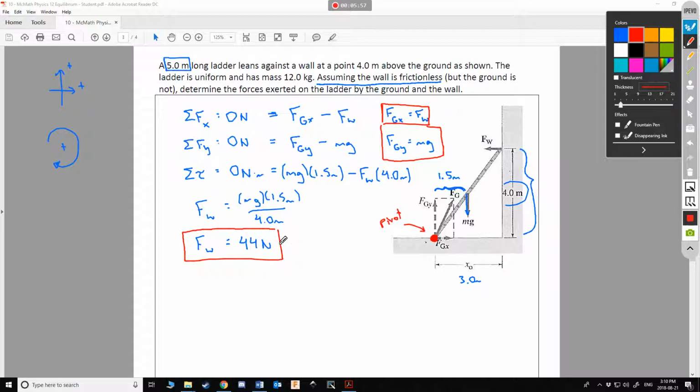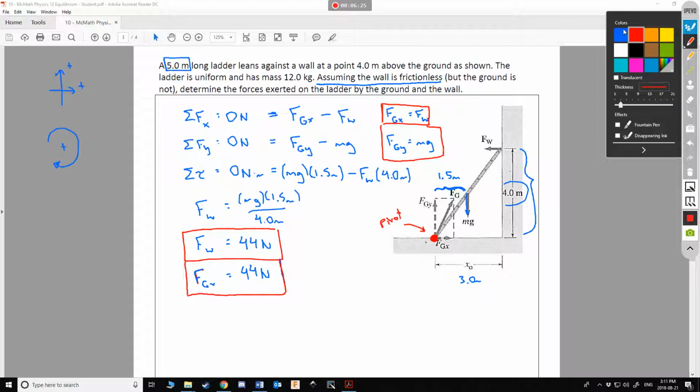The question is, determine the forces exerted on the ladder by the ground and the wall. We found Fw, so now what's Fgx? We created that equation before. Fgx must also be 44 newtons, because we saw at the beginning that Fgx and Fw must be equal to each other.